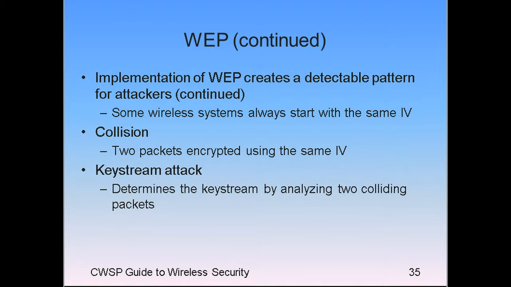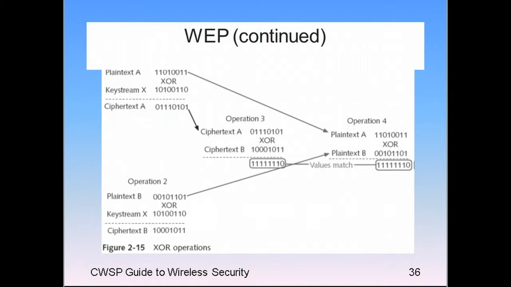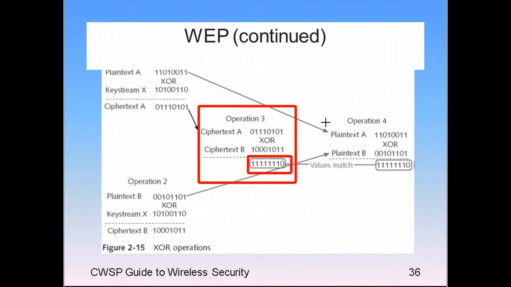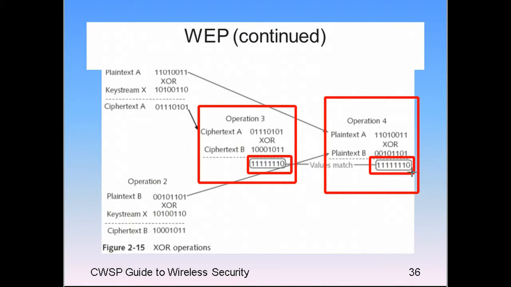The key stream attack determines the key stream by analyzing two colliding packets, two packets that have the same initialization vector. And here we have plain text XOR with the key stream giving us a ciphertext. We have ciphertext A and ciphertext B, and when we XOR the two ciphertexts, we get the same value as if we XOR the two plain texts.